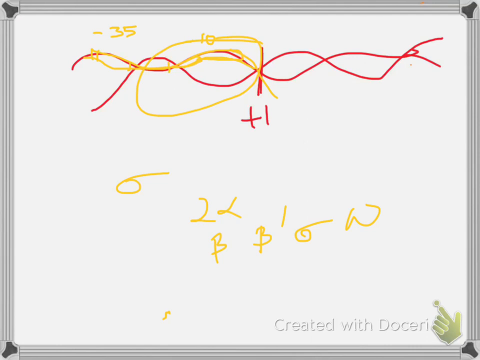When the transcription initiates, the sigma subunit will dissociate from the RNA polymerase. Then the core enzyme will continue to add the nucleotides and proceed with the transcription.